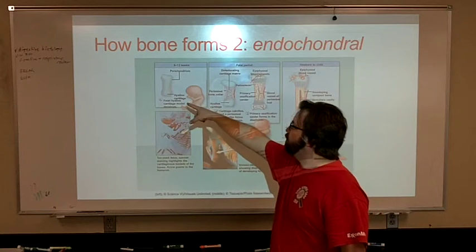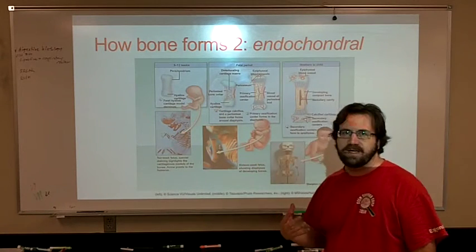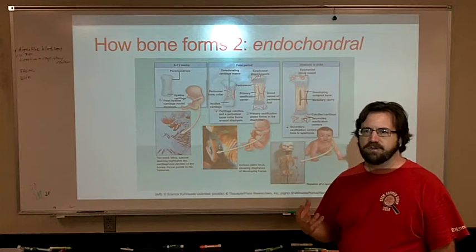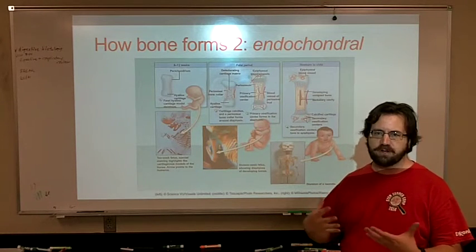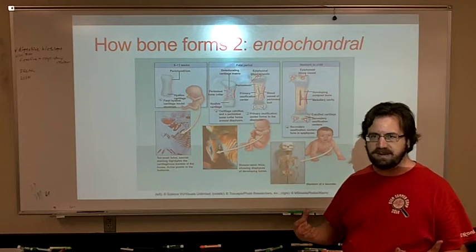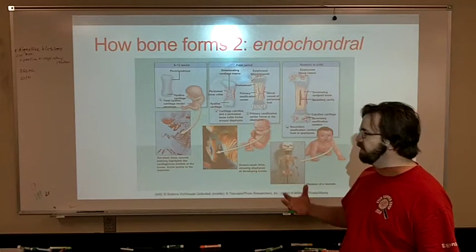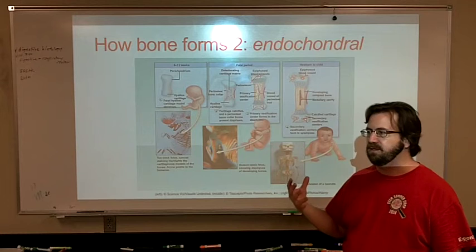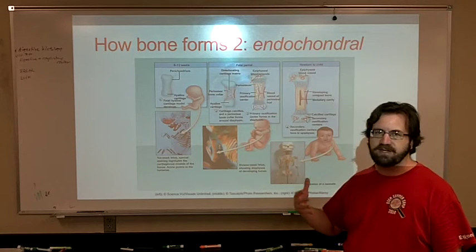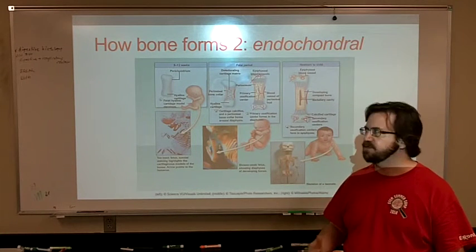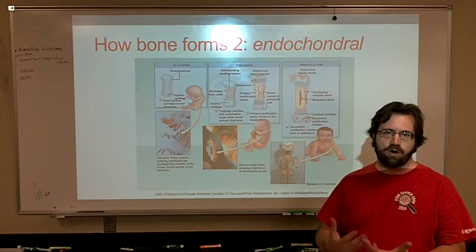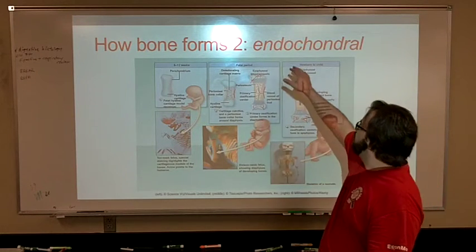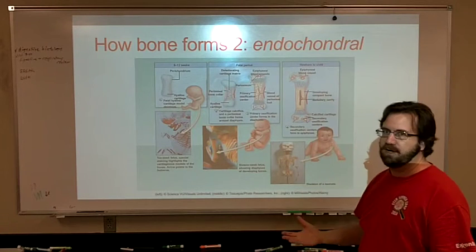And we make the template originally in utero out of hyaline cartilage, which is a sturdy enough tissue that it can hold your body shape and maybe even bear a little bit of weight while your body starts to then ossify the cartilage. And so since you're ossifying from the inside of a cartilage, it's called endochondral ossification.